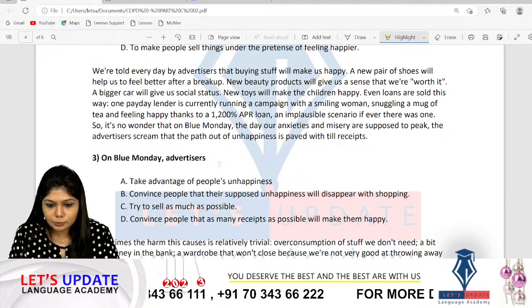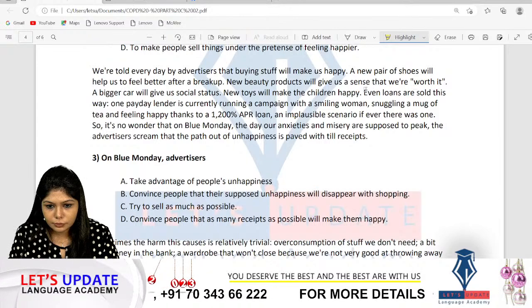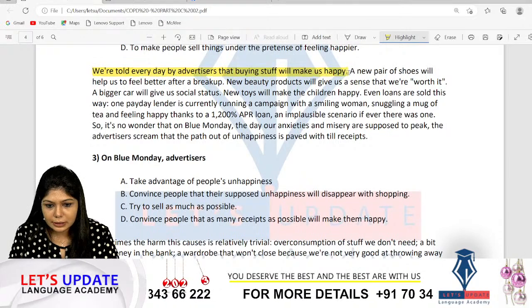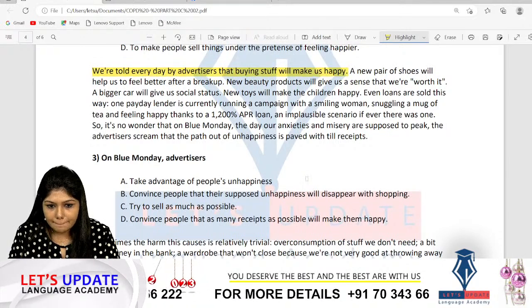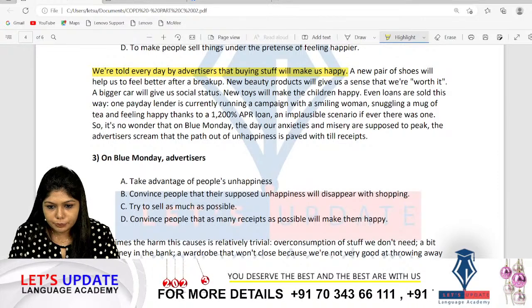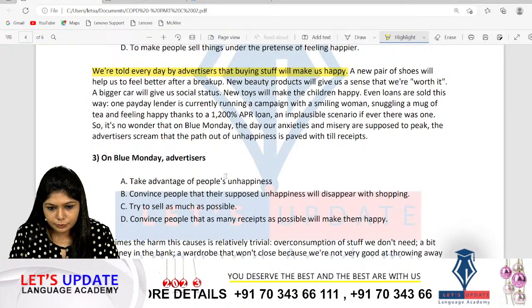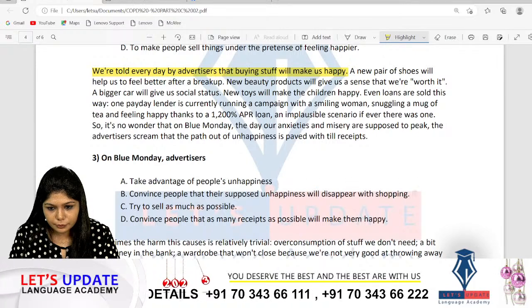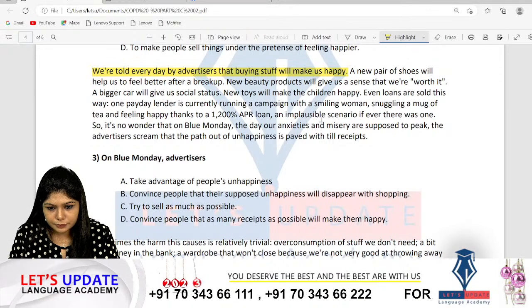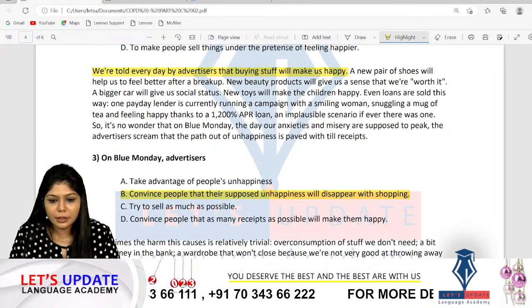Okay, so I'll just highlight the sentence. So this is our answer.